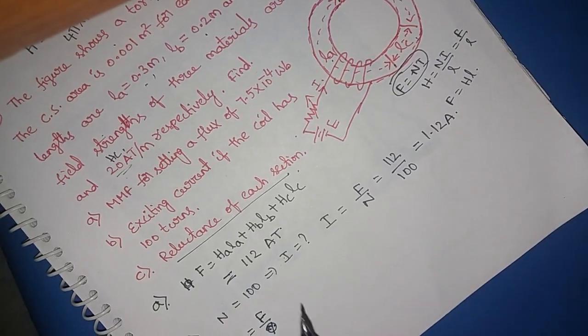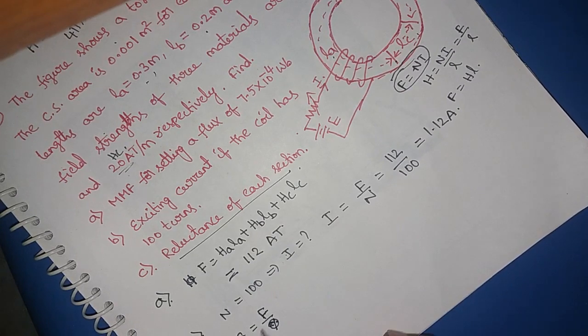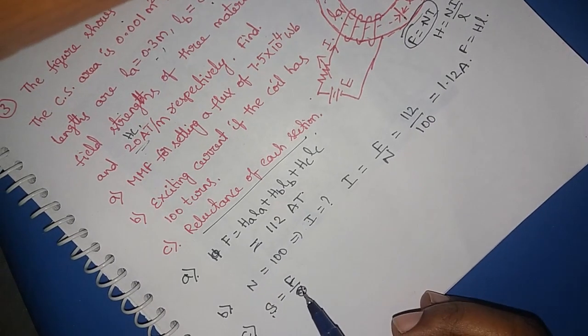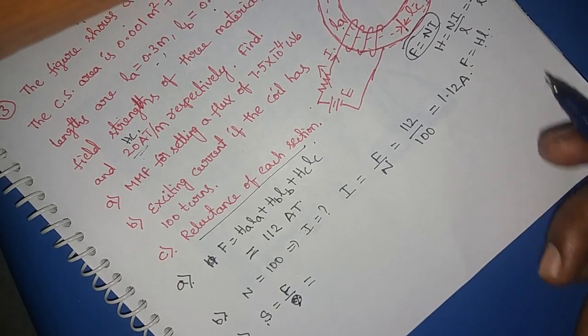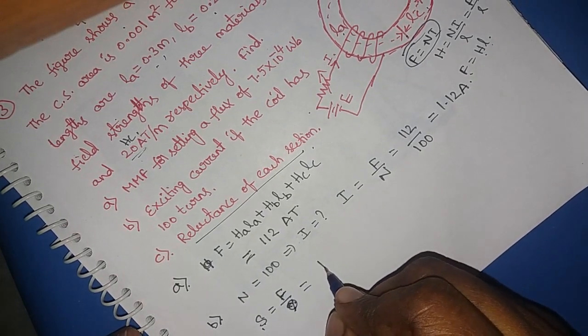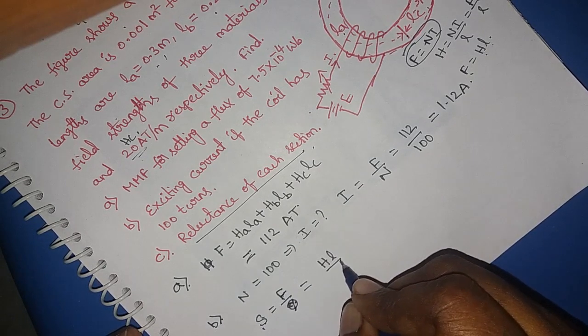So let us use S is equal to F by phi. F is already H into L, so you can write S as H L by phi.